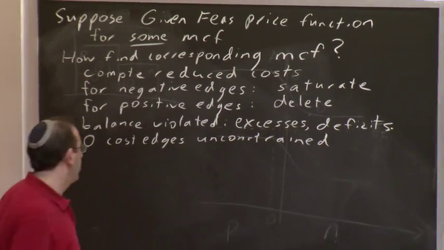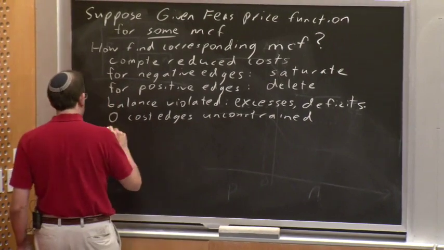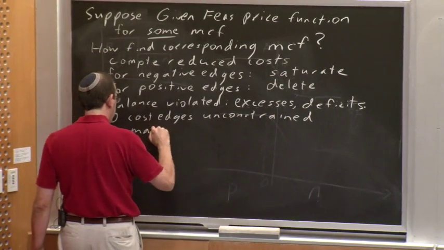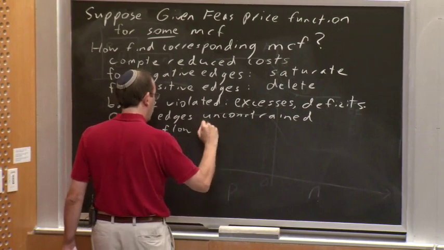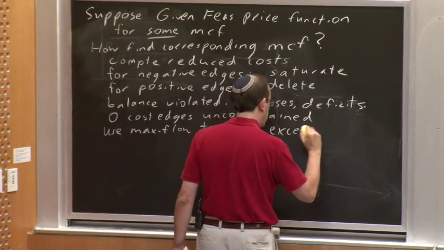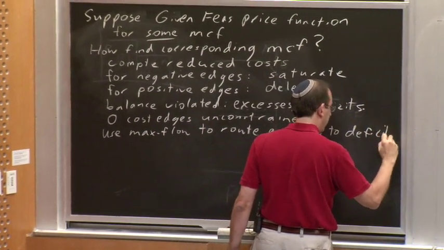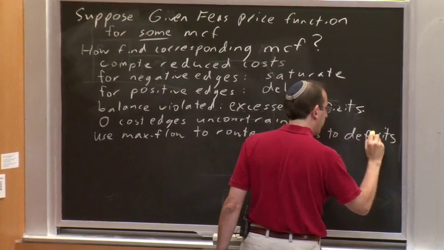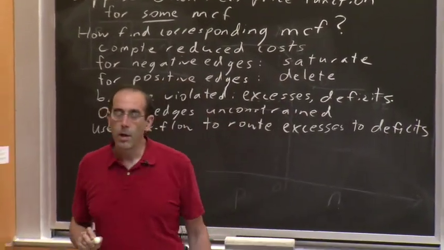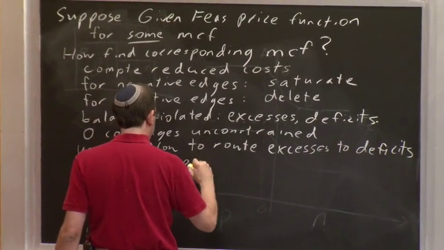Create a max flow problem where you have to route from your excesses to your deficits. Exactly. So I'm going to use a max flow to route the excesses to the deficits on just the zero cost edges.